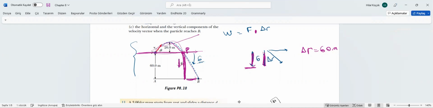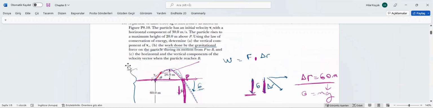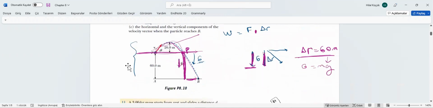So please forget the x direction, because the gravitational force and the displacement must be in the same direction. You need to care about this part. G is mg, you just need to multiply all of them. What's the m? M is 0.5 kilograms, g is 10, and then work will be mg delta R, mgh. You can see. Okay.